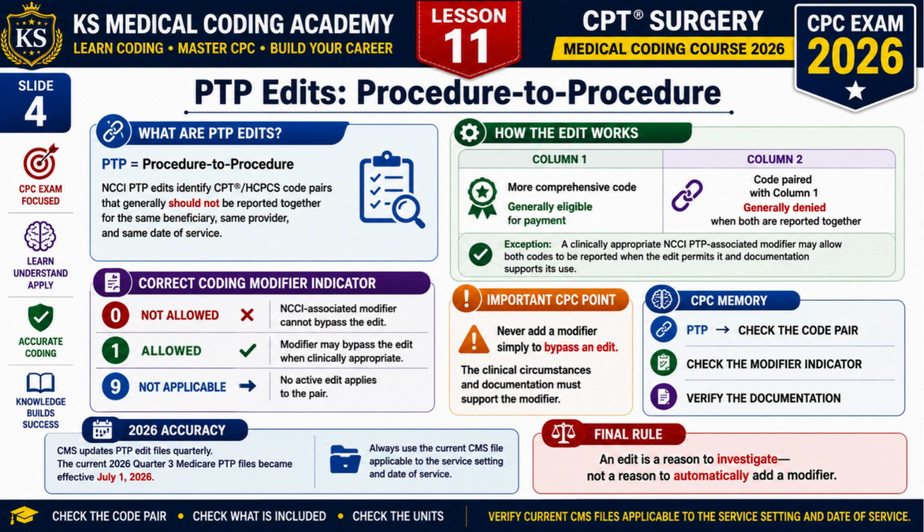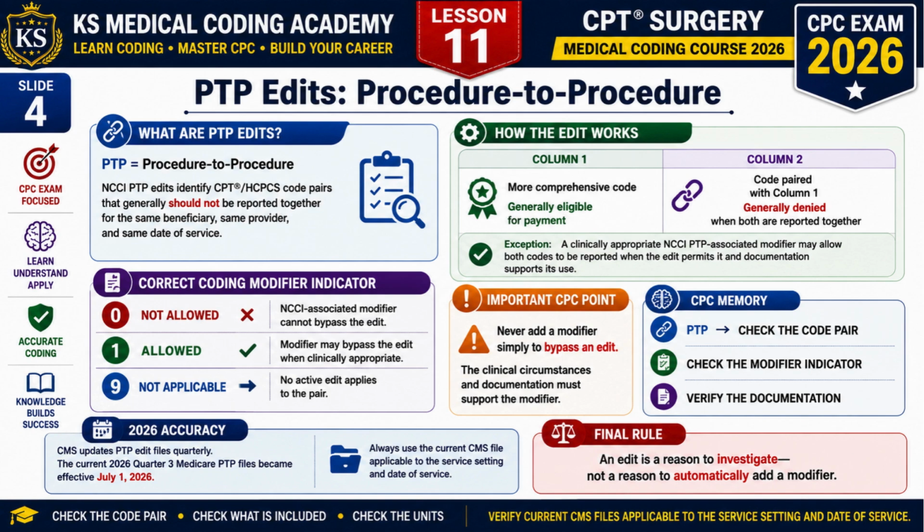Generally, the Column 1 code is eligible for payment, while the Column 2 code may be denied when both are reported together. The key point for the CPC exam is the correct coding modifier indicator, or CCMI. An indicator of 0 means the edit cannot be bypassed with an NCCI-associated modifier, while 1 means an appropriate NCCI-associated modifier may allow the edit to be bypassed when the clinical circumstances and documentation support it.